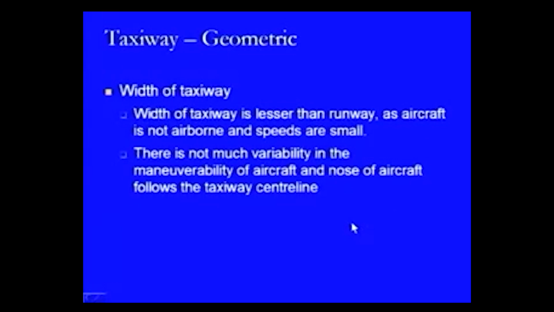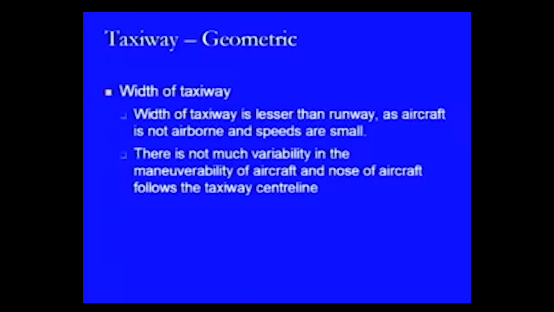Further, there is not much variability in the maneuverability of the aircraft. That is the thing which I was just discussing, that it is a sort of normal movement of the aircraft on the taxiway in a certain direction so as to reach the destination, that is the terminal or the runway. And in this case, the nose of the aircraft mostly follows the taxiway center line.